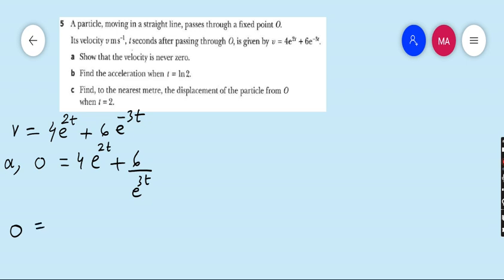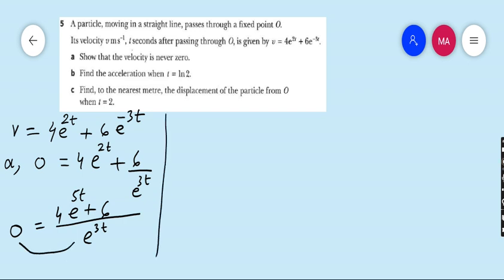So 0 equals, taking the LCM of e^(3t), e^(3t) multiplied by e^(2t). If bases are the same, then powers are added. It is e^(5t) plus 6. This is the LCM.